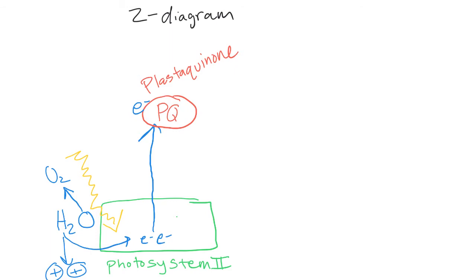Okay, and if we write out an acronym for all of these, PPC, PPFN, okay? It'll make sense in the end. But we've gotten photosystem 2, and it passes it to plastoquinone, and the next one then is the cytochrome complex.